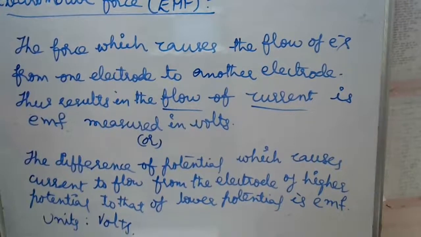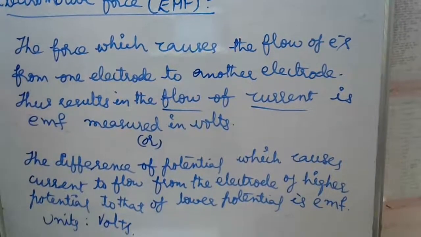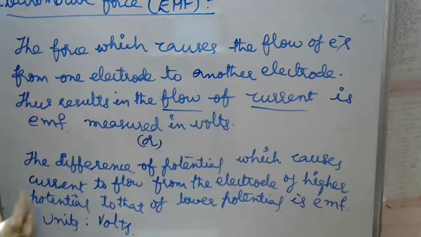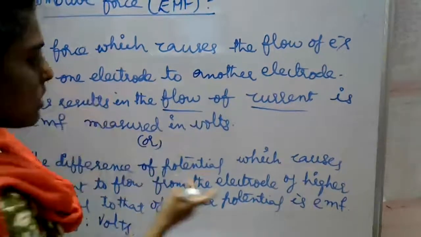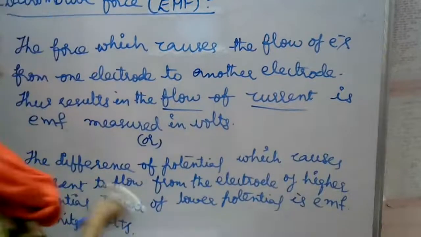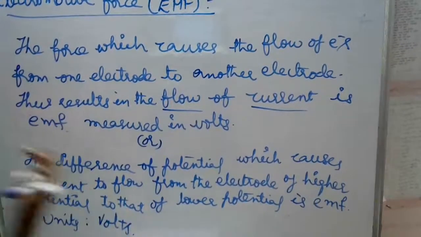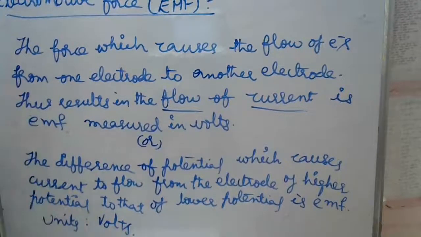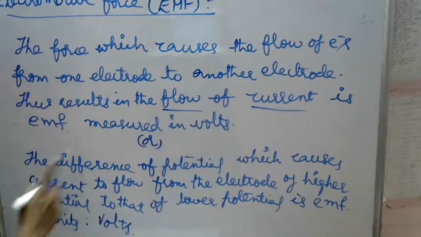Another definition: the potential difference which causes electricity to flow from the higher electrode to the lower electrode. Here we have mentioned the electrode of higher potential, or otherwise we can write higher electrode to lower electrode also. That is the EMF.